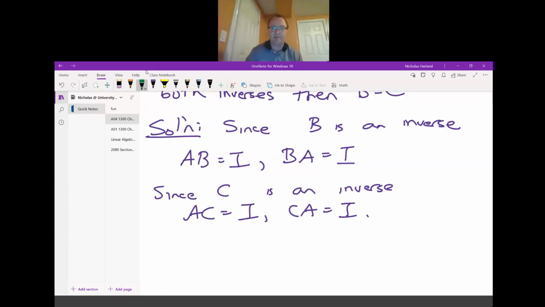Okay. So AB is equal to I, which is equal to A times C. I'm not saying this will work, but let's just get some ideas out. I mean, it might work. So this says AB is equal to AC. I'm not disagreeing with that. What do we do with it?